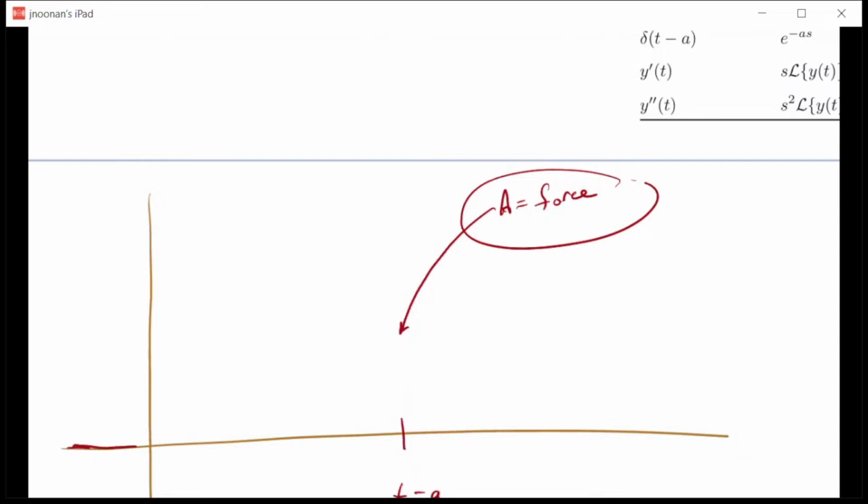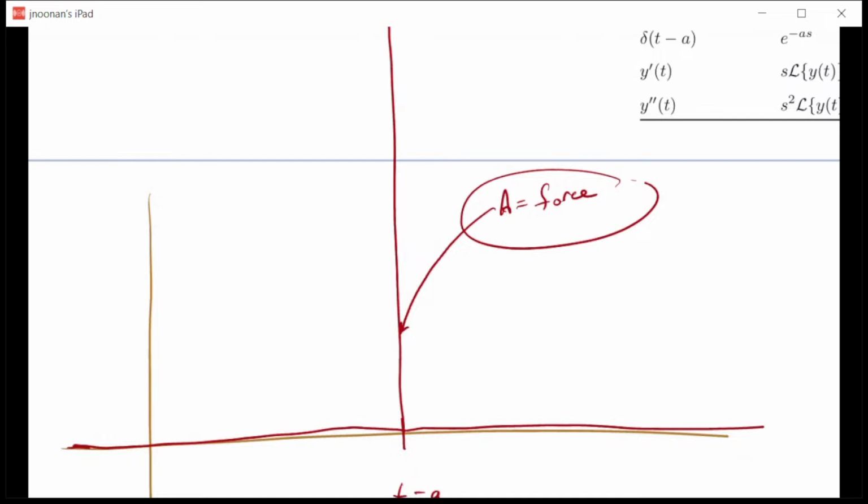And so the way that this is going to be drawn is something like this. This big spike that goes up to infinity, and then we continue on. So you have to imagine that the area of this spike is the amount of force that I'm hitting this with.